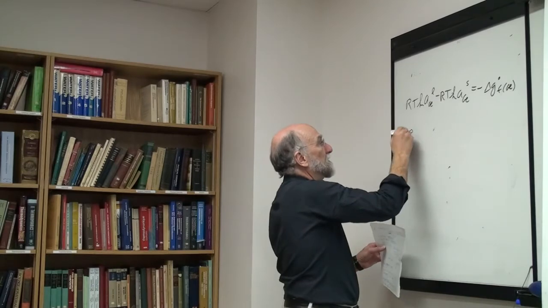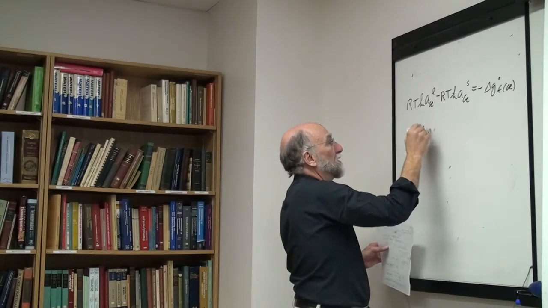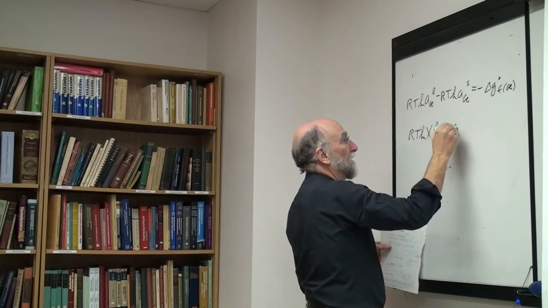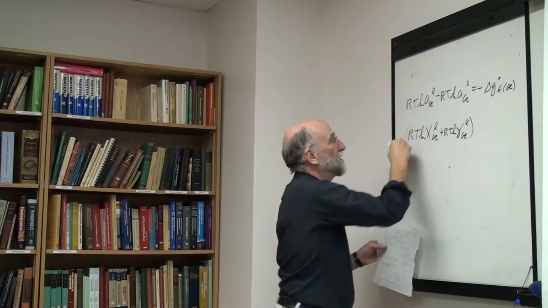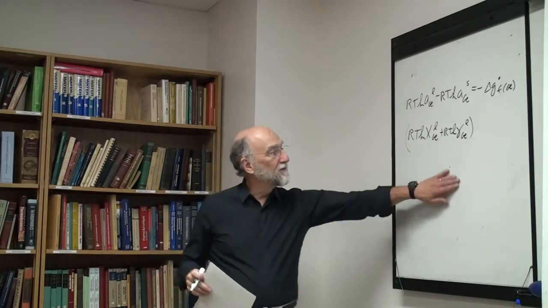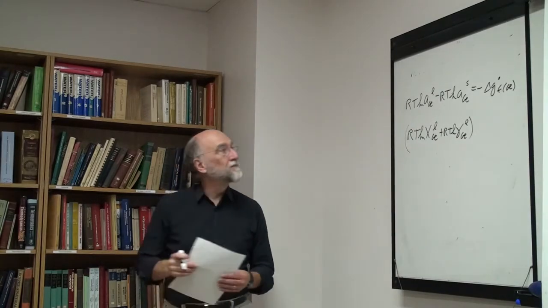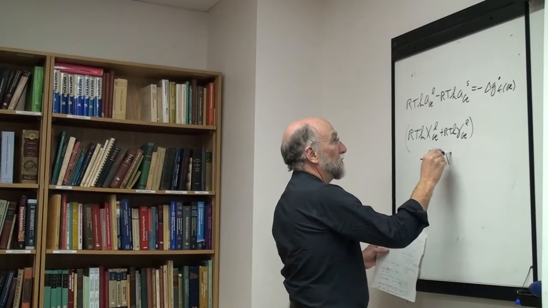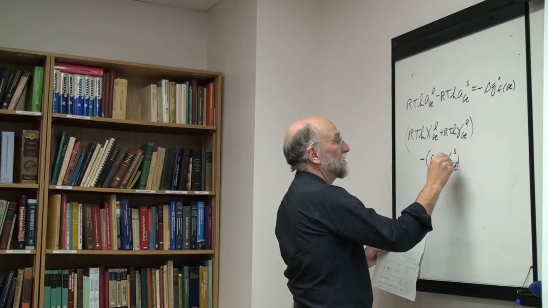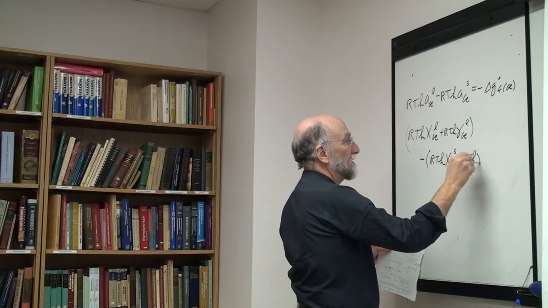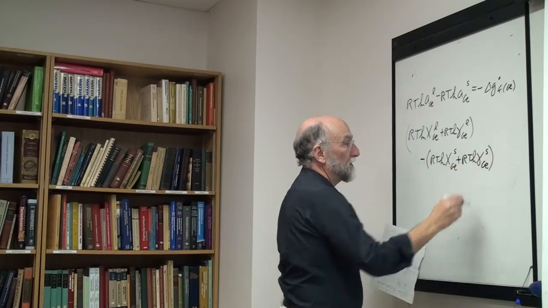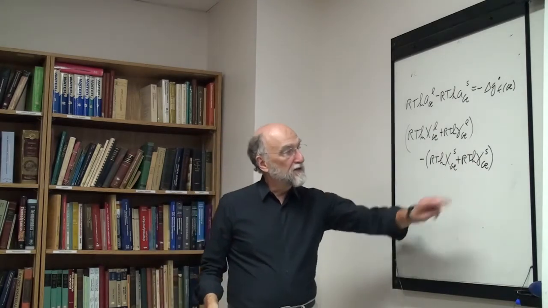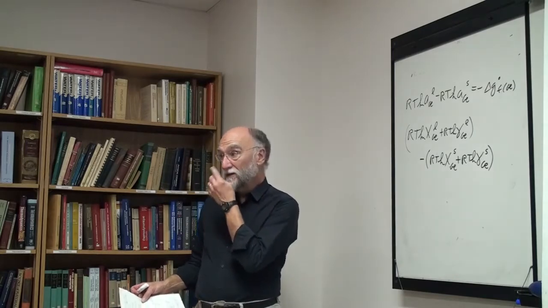The RT log activity is given by RT log mole fraction of germanium on the liquidus plus RT log gamma of germanium on the liquidus, if it's not an ideal solution, minus RT log mole fraction of germanium on the solidus plus RT log gamma of germanium on the solidus. This is the activity coefficient of the liquid on the liquidus. This is the activity coefficient of the solid germanium on the solidus.